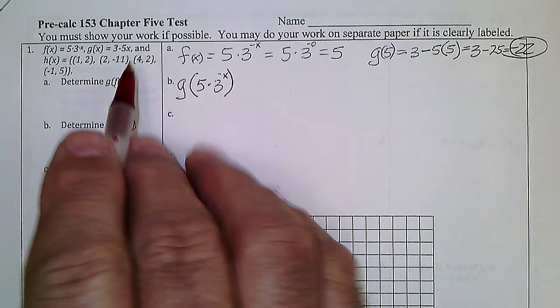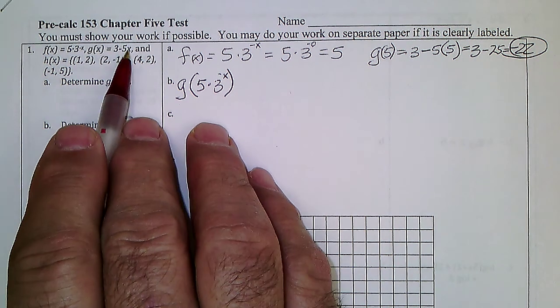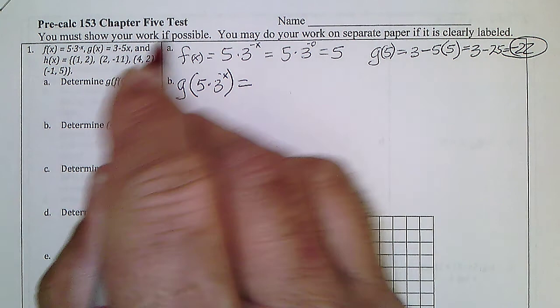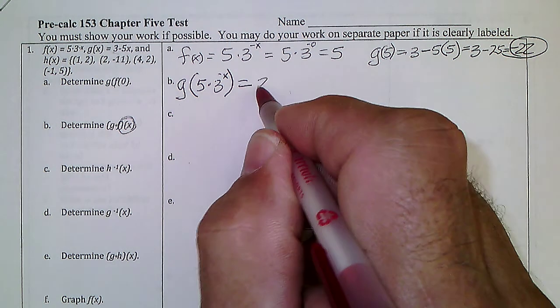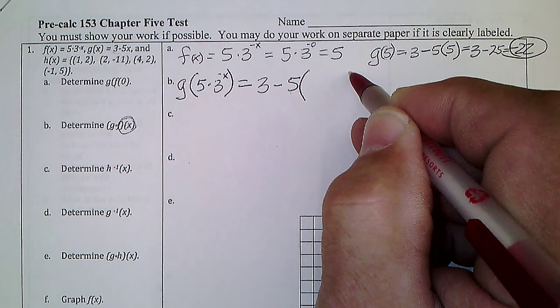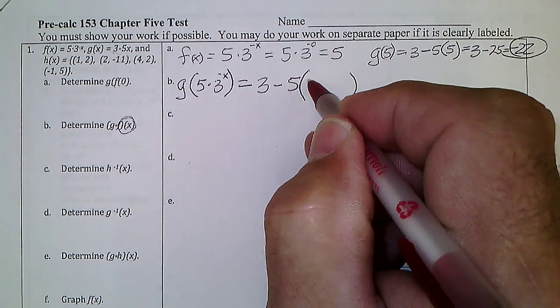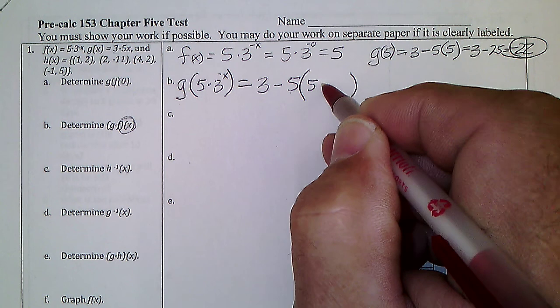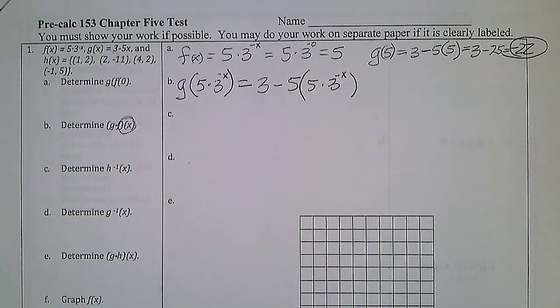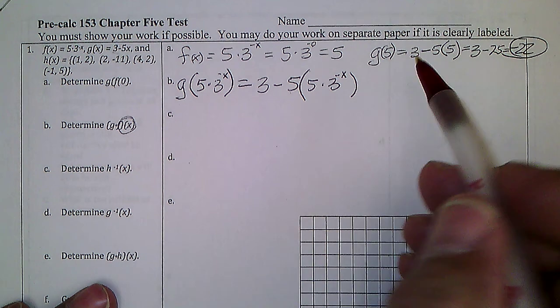So we're going to replace the x in g with this. So the x in g is 3 minus 5x, and so in the place of the x we put 5 times 3 to the negative x. Now you can leave it like this.